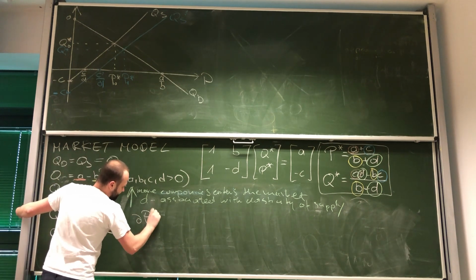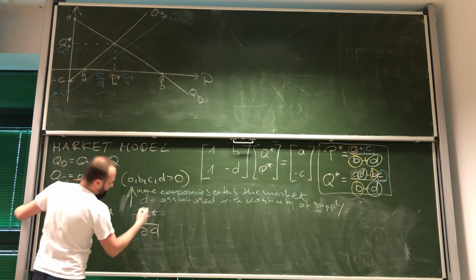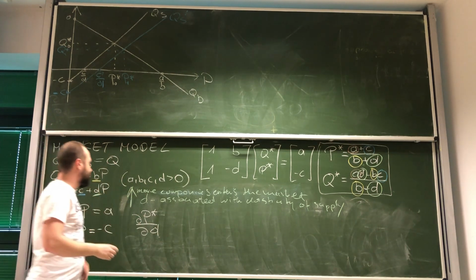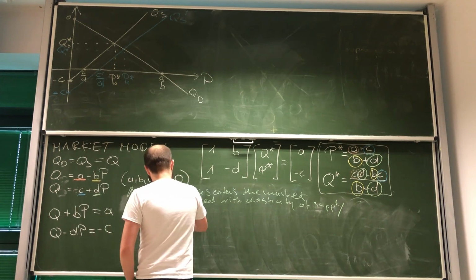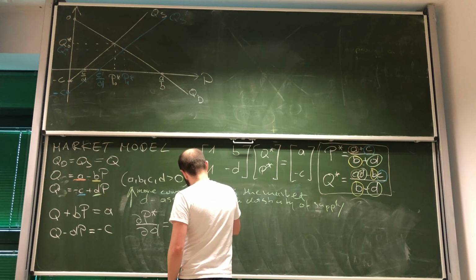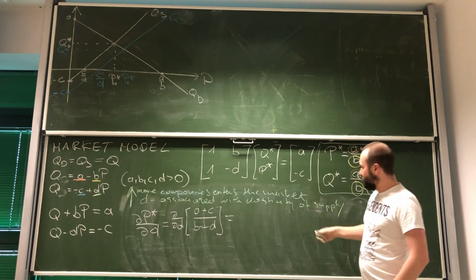Okay, so we've got first a comparative static derivative of price with respect to D. So this is (A plus C) over (B plus D). Again, we are using here the quotient rule.